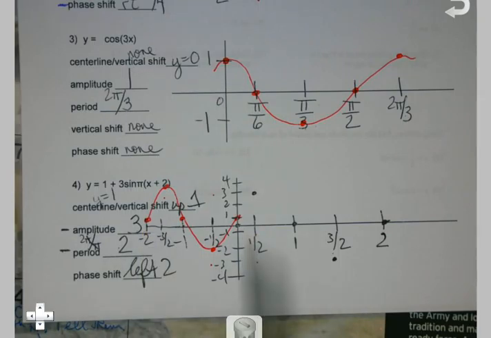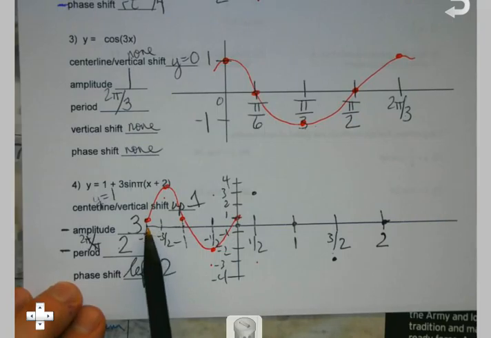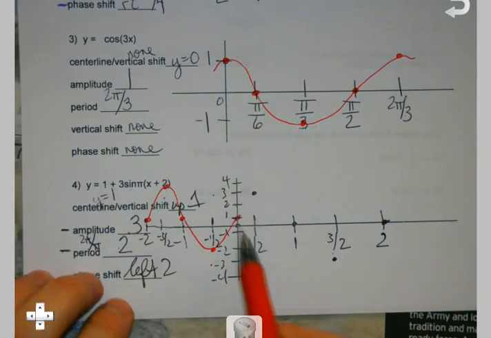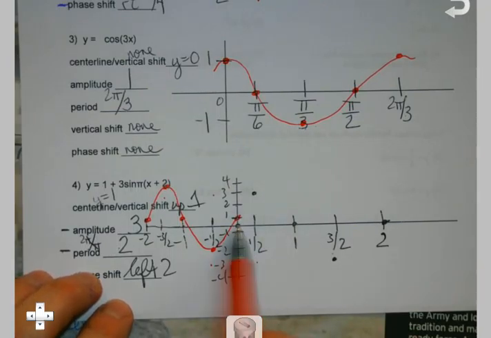So basically, I'm just going to take what I see on this side of the axis and I'm going to mirror it on the negative side. Because then when I go to start making my points, I'm basically just going to look and say, okay, my first point was at 0, because here's my initial 5 points. I go left 2, I go up 1. There's my new first point.